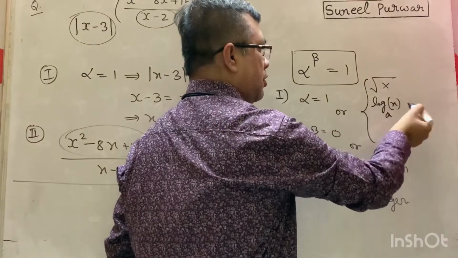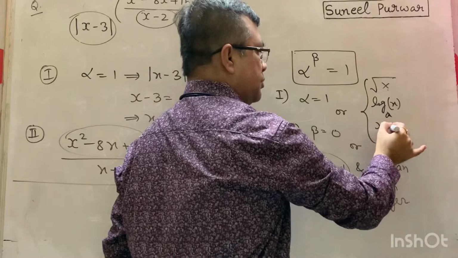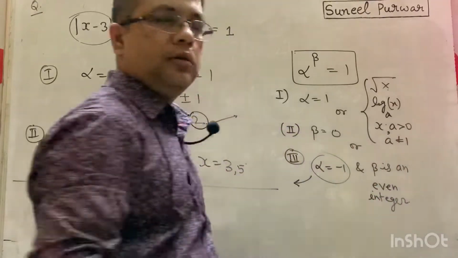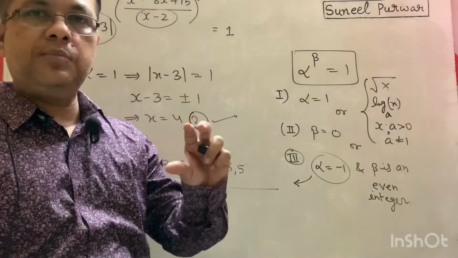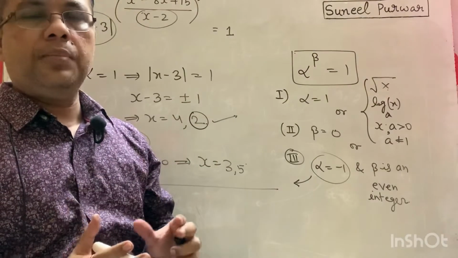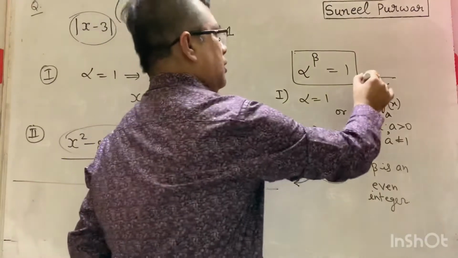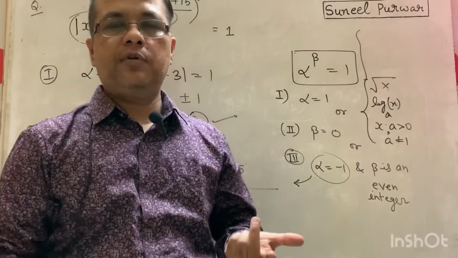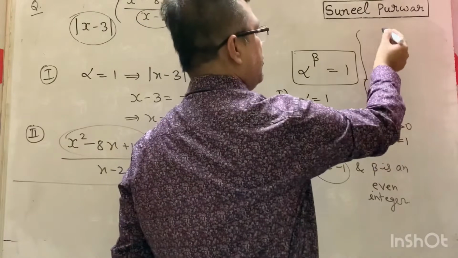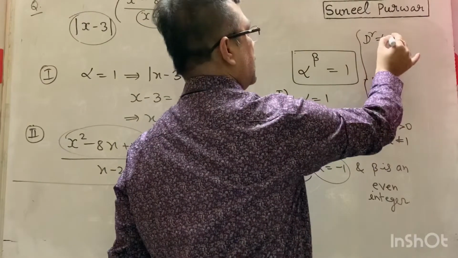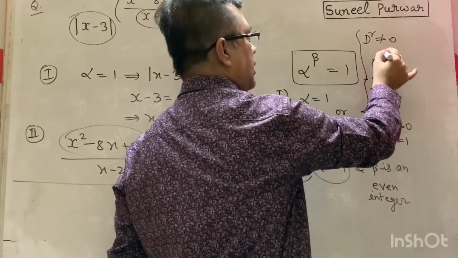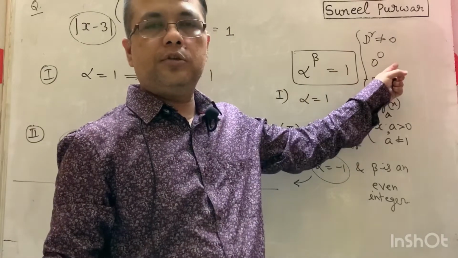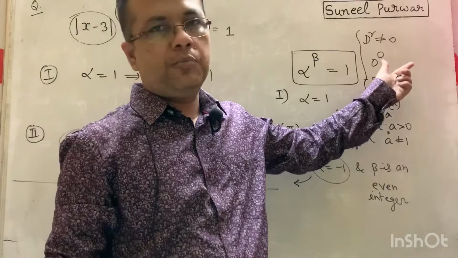If you are talking about log of x base a, x must be positive, a must be positive, and a must not be equal to 1. So all such basic things should always be there in your mind when you are solving the equations. And the most basic being the denominator can never be 0. And another basic point being any number which brings 0 to the power 0 form can also not be a solution.